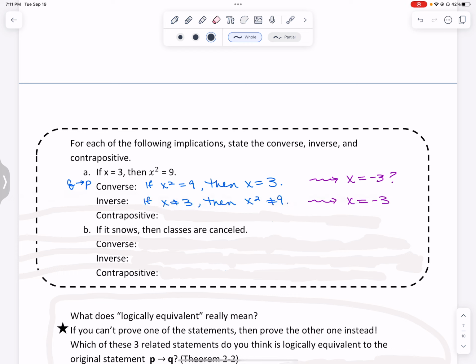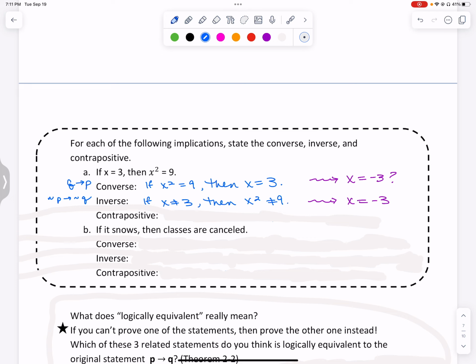Here's the next one, the inverse. If x is not 3, then x squared is not 9. So that is not P, then not Q, right? Now, is that true? If x isn't 3, then if you square it, you're not going to get 9.